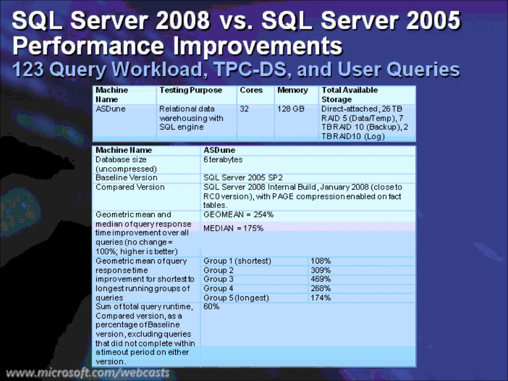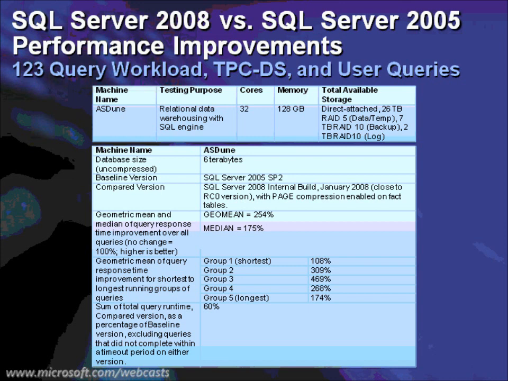Overall, we have a geometric mean speed-up of 254%, and the median speed-up is 175%. That means the median query is 75% faster. The geometric mean is quite a bit higher because some queries sped up a whole lot, like a factor of 80. But the median queries were just a little less than a factor of 2 faster.